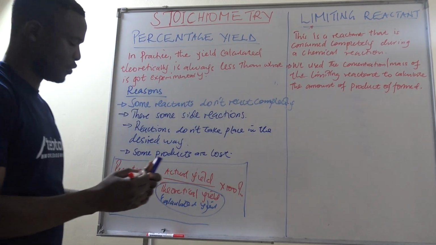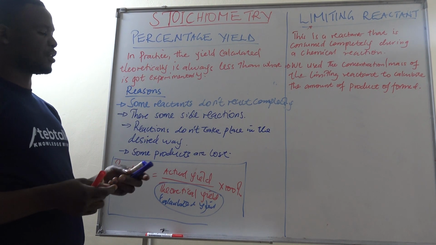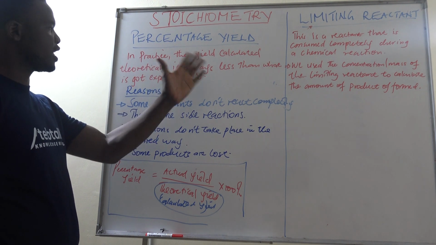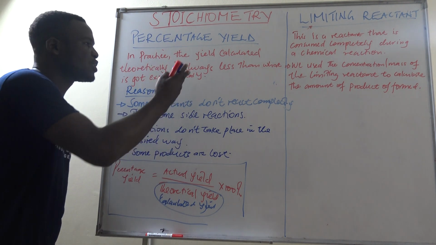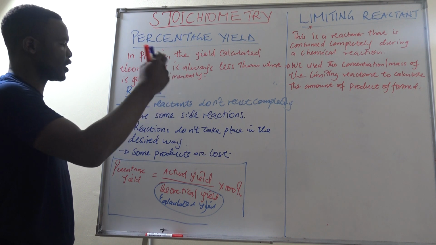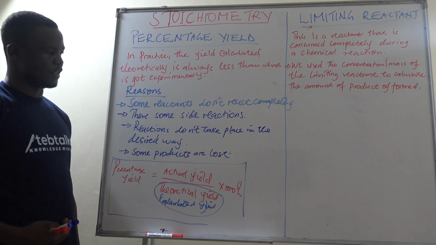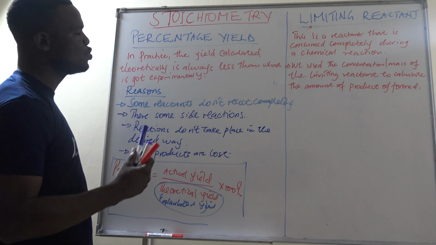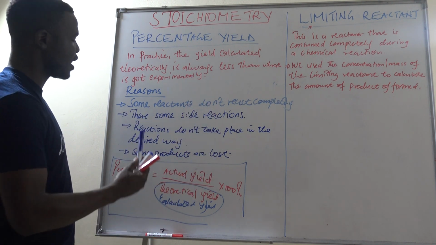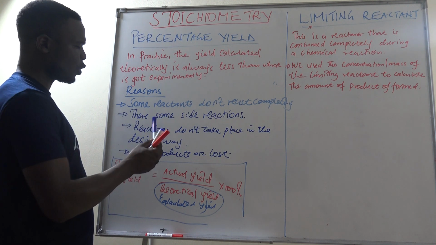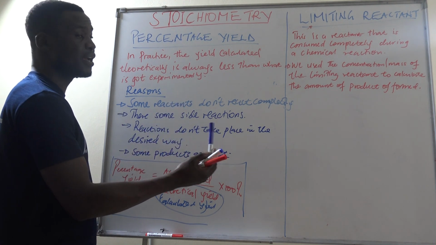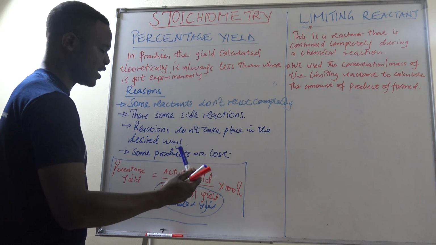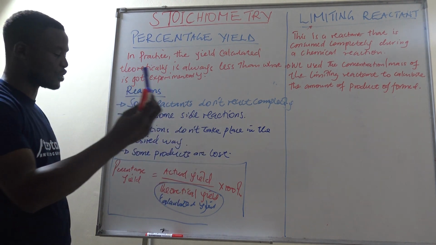So that is what we had to say under percentage yield. We are saying that for percentage yield in practice, the yield calculated theoretically is always more than what is got experimentally. What causes this? We are saying that the reasons why this happens is that some reactants do not react completely, and that there is a possibility whereby there are some side reactions, then the reactions do not take place in the desired way, the way we assume the reaction is taking place.